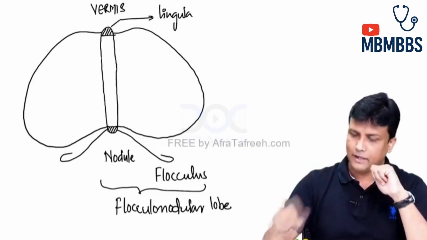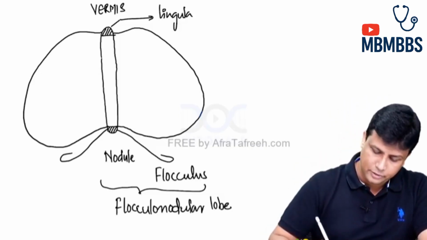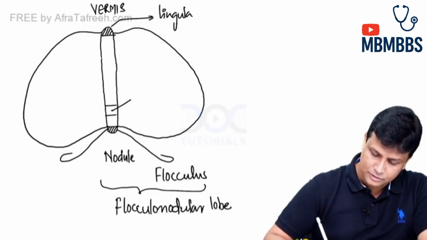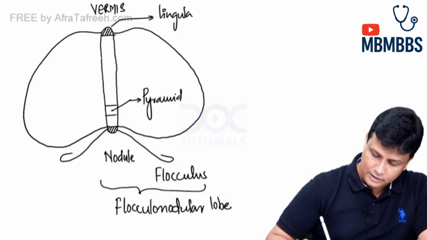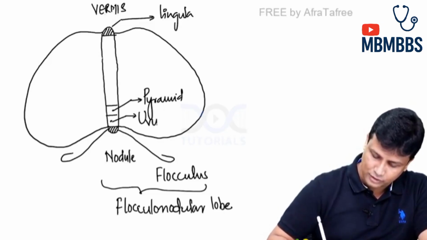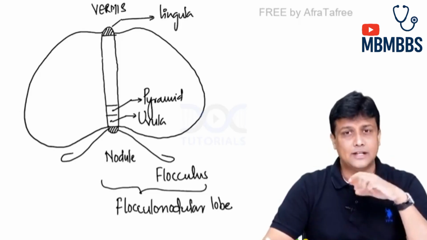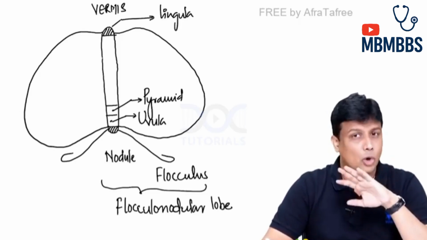Simple. Then apart from that, I want you to remember one more name here, that will be your pyramid and uvula. So, there is a part here which is referred to as the pyramid, and this part here is referred to as the uvula, whatever you love to say. So, as I told you, there are so many parts in the vermis, but you don't have to remember all of them.